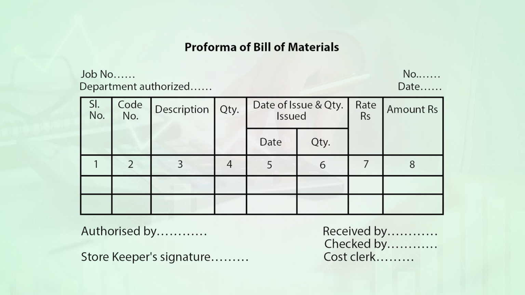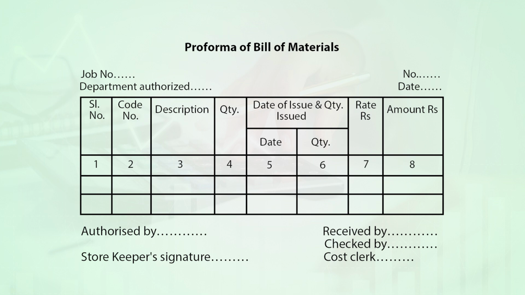On the left hand side, job number and department authorized is given, and on the right hand side, bill of material number and date is written. It has 7 columns. First is serial number, second code, third description, fourth quantity, fifth date of issue, sixth rate, and seventh amount in rupees.